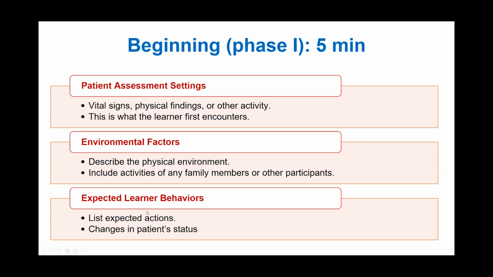And then the learner will have an expectation. Whenever they see that patient, they're expected to approach the patient with, for example, the ABCD approach, and then from that beginning, you're going to take the learner and the patient through the scenario.